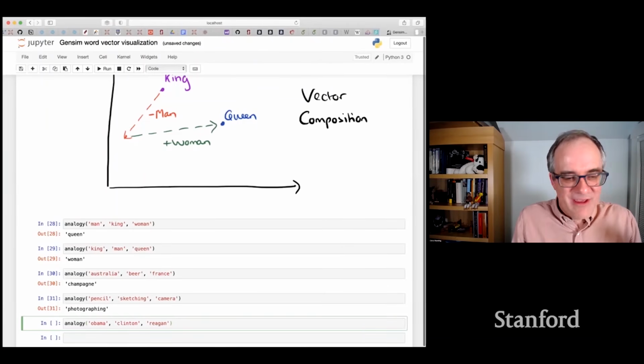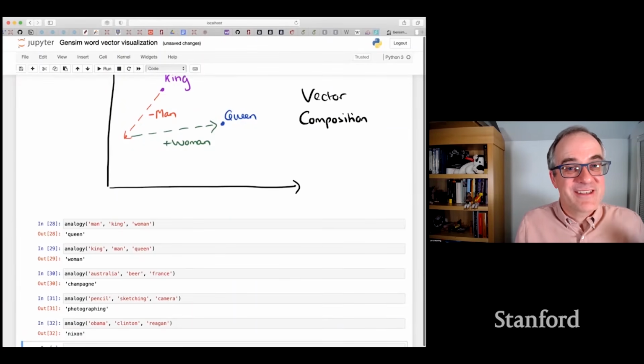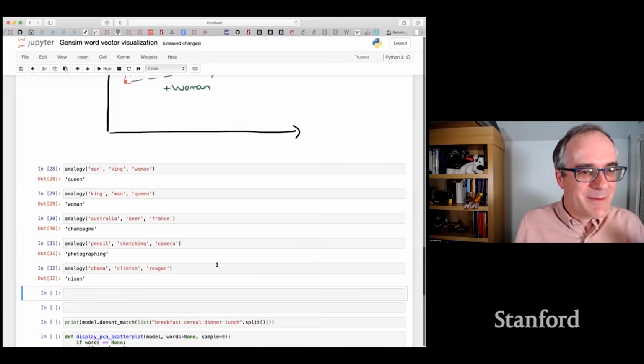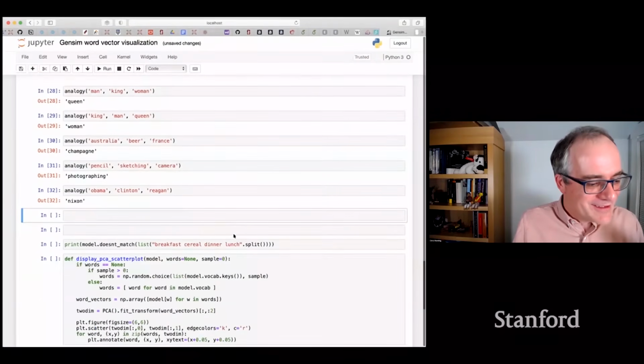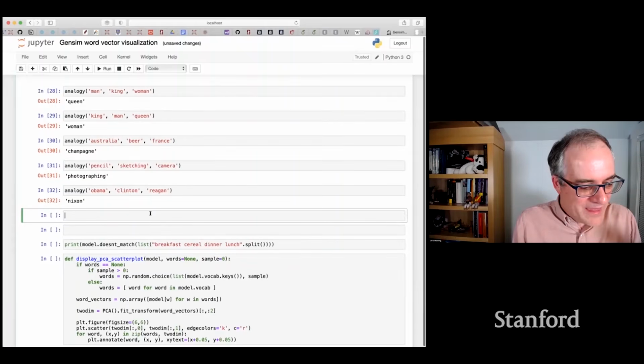The analogy it returns is Nixon. I guess it depends on what you think of Bill Clinton as to whether you think that was a good analogy or not.